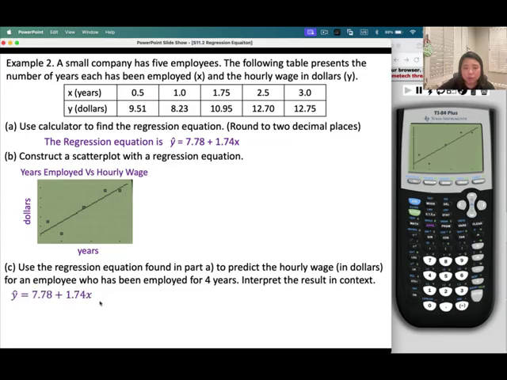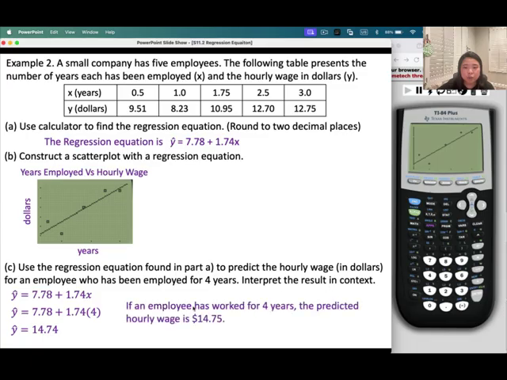Use your calculator. You should get 14.74. Okay, and then interpret the result. I'm gonna say, if an employee has worked for 4 years, the predicted hourly wage will be $14.75.